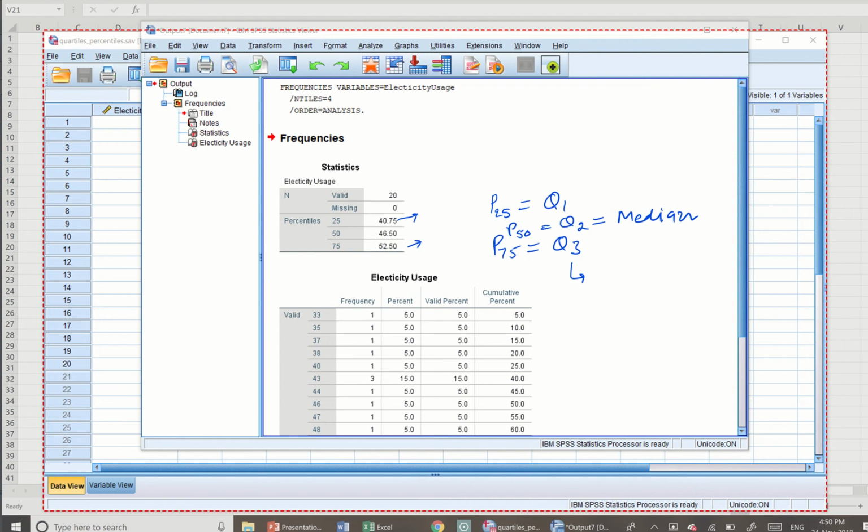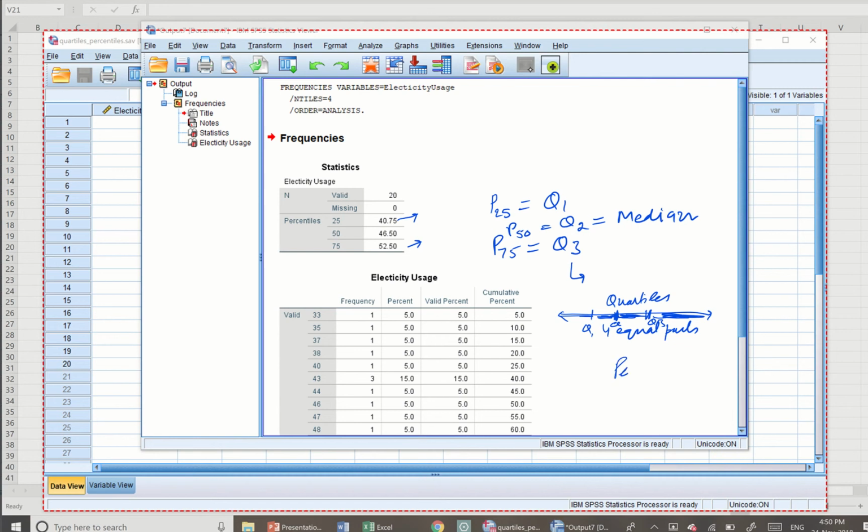The concept is that quartiles divide the series into 4 equal parts, and therefore are called Q1, Q2, Q3. Although I can't represent them as equal here, the concept is that these should be equal parts.